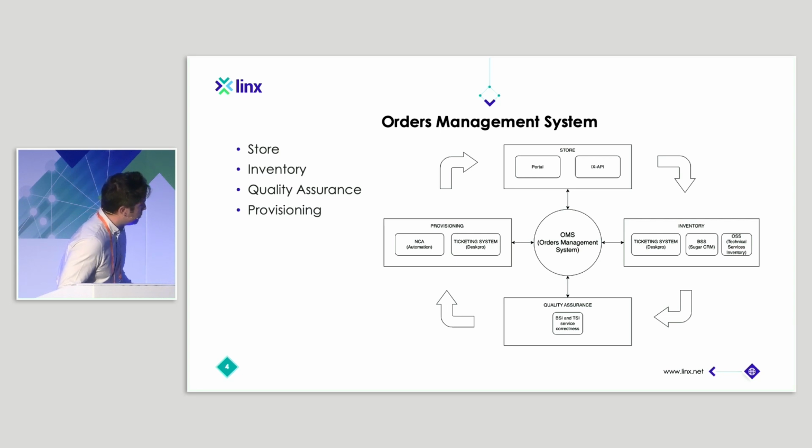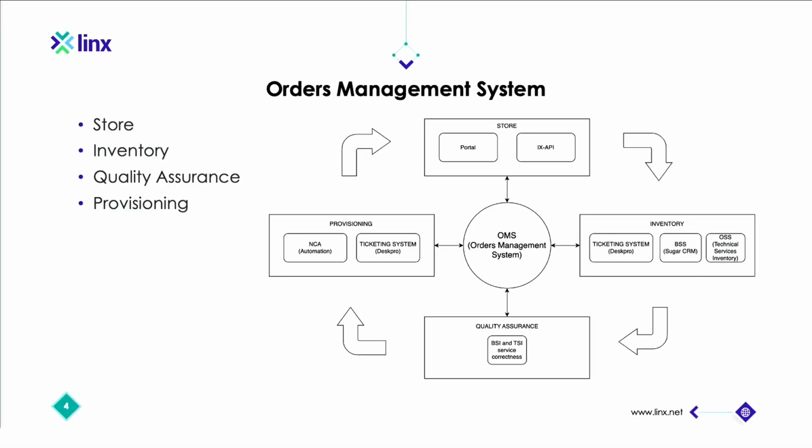Then you move to the inventory, where the order is recorded in a ticketing system, and initial services are created on the business support system and in the operating support system. The difference between the two is that one contains the business-related information of the service, the other one contains the technical-related information.